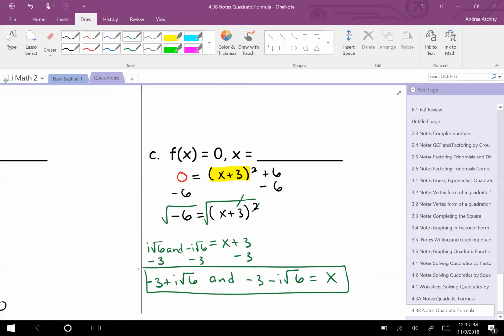Yeah, no x-intercepts. It's not going to cross the x-axis. So if I were to graph it, I know my vertex is at negative 3 and 6. So it'd be over here somewhere. And the parabola would face up. It would never cross the x-axis. Any questions over that? Okay, your homework.